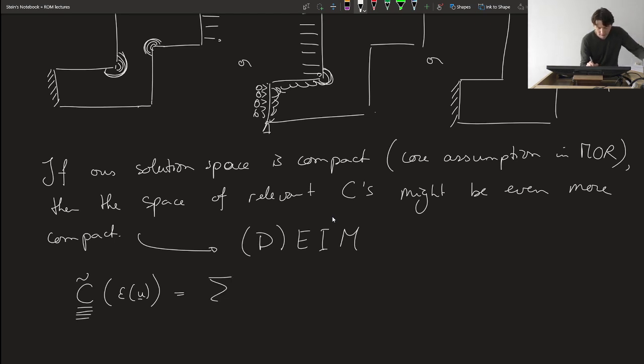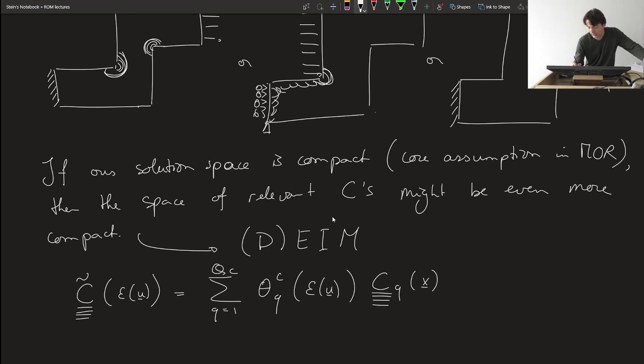We write it as a sum from q equals 1 to Q of thetas, which are now somehow dependent on the state of epsilon, multiplied by reference fields of C, which is again a function of space, right?